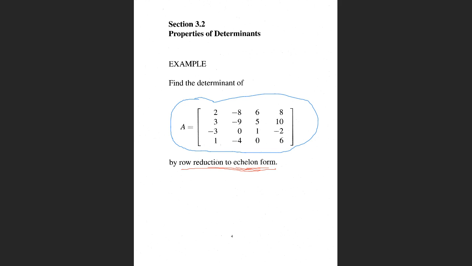Okay, so let's go ahead and reduce this matrix A to echelon form and simultaneously look at the determinant. So, here we are, the next page. So what I did was, of course, this is the matrix A. I just rewrote it here.